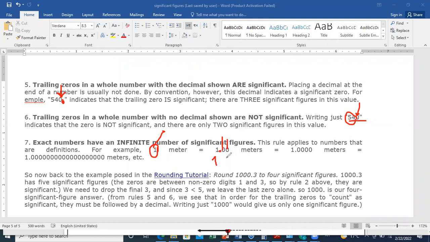And even if I put 10.00, after this 0 you have a dot and other zeros after the decimal, and we said that we count these zeros. So in total, when I put 10.00, I have to take significant figures 1, 2, 3, and 4. So if I just say 1, it's 1 significant figure. If I put 1.00, it's 3 significant figures. And I can increase the number of zeros.